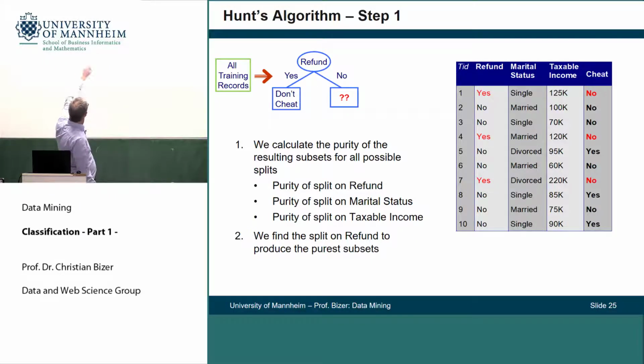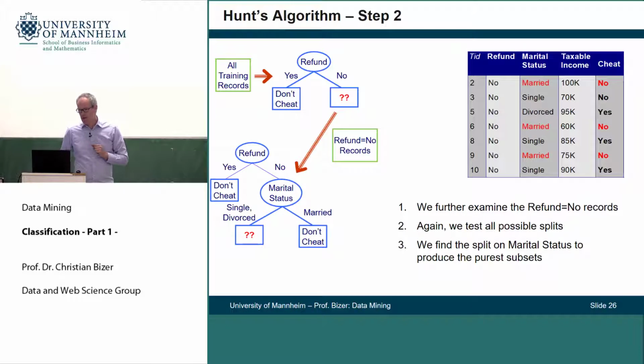For instance, we have this one bucket, refund yes. All these records are cheat no records, so we are already finished with these records. Next, we look at the remaining 7 records. So these are these records.